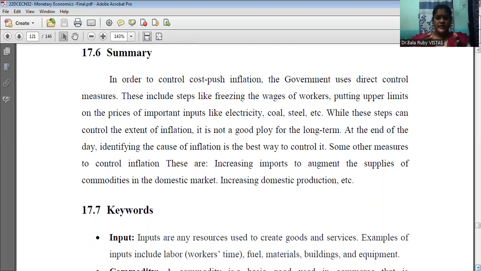So, at the end of the day, identifying the cause of inflation is the best way to control inflation. Some other measures also control inflation, that is, increasing imports to increase the supply of commodities in the domestic market, or increasing domestic production. So, these are the main measures to reduce inflation.